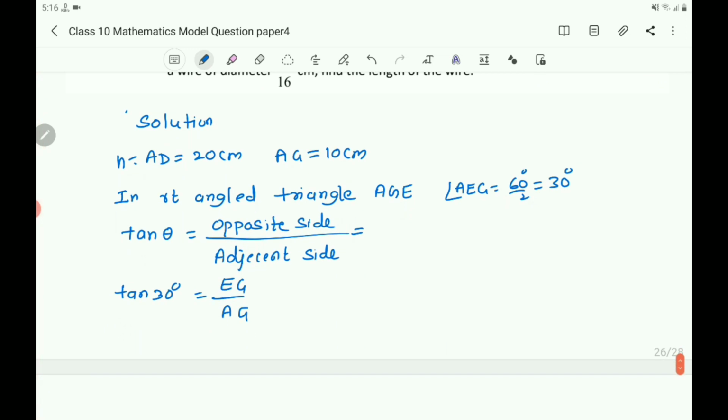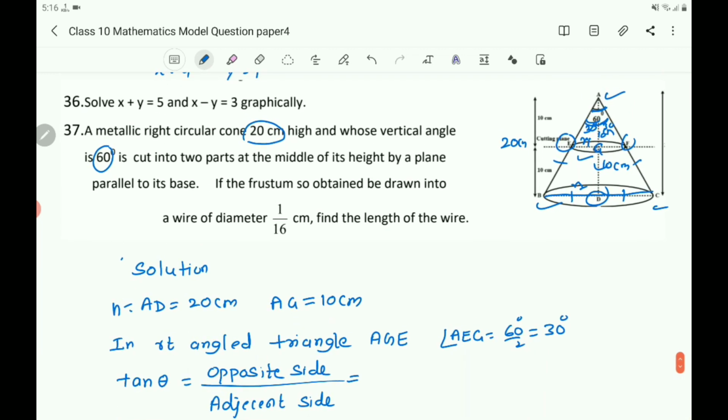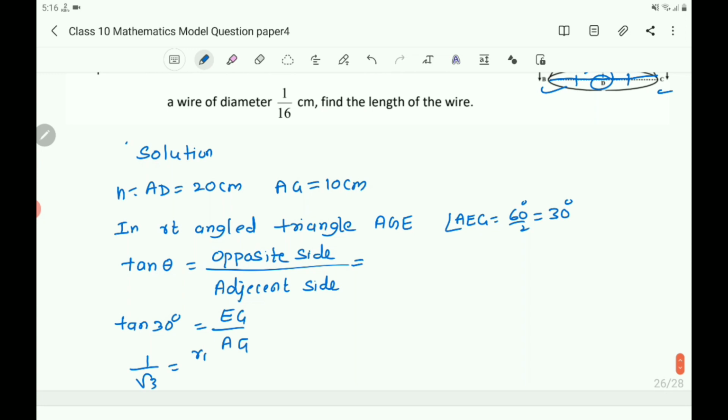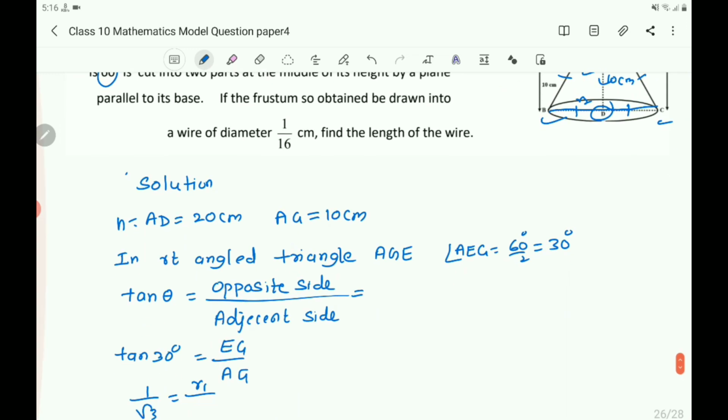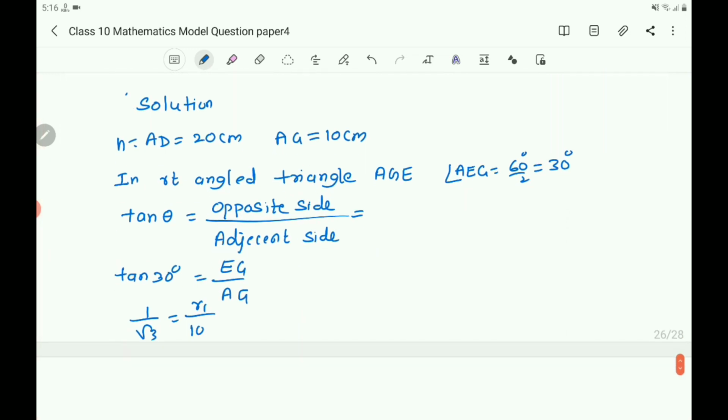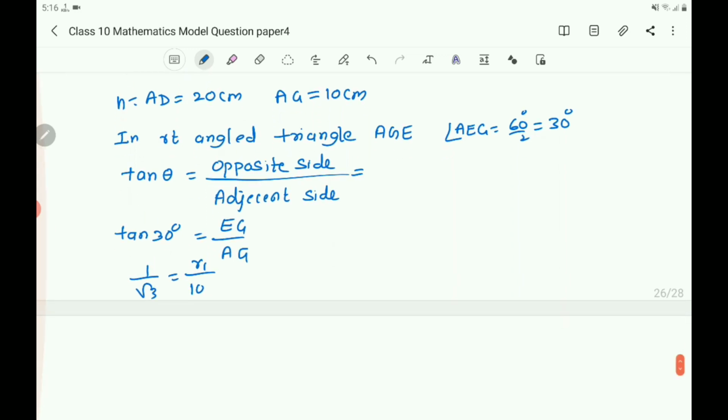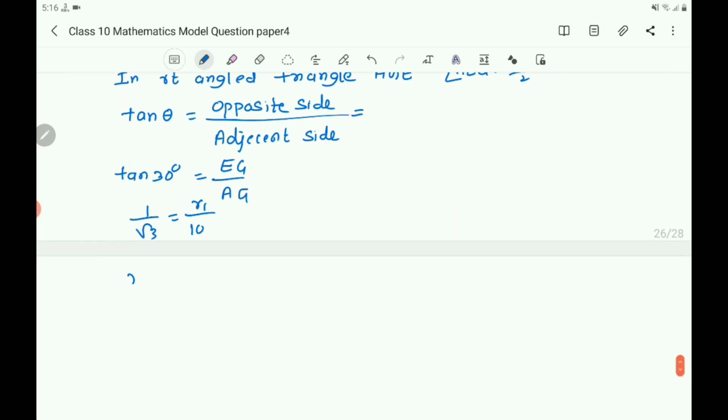Tan 30 degree is 1 by root 3. EG we have taken as R1 and AG is 10. Therefore, by cross multiplication, R1 is equal to 10 by root 3.